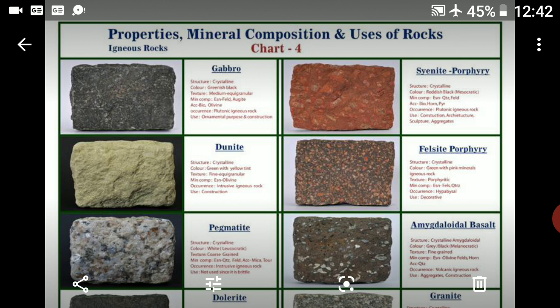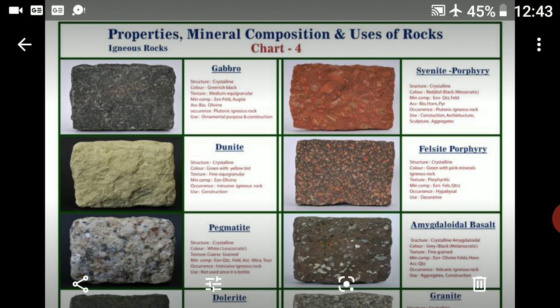And the next is the syenite porphyry. The structure of syenite porphyry is crystalline, color reddish black, mesocratic. Mineral composition: essential minerals are quartz and feldspar.